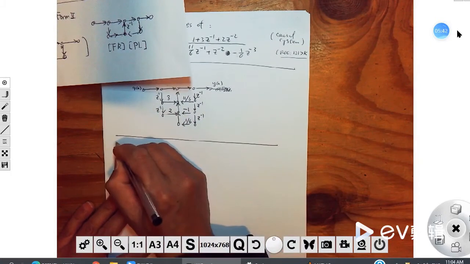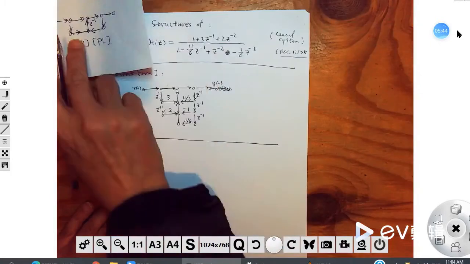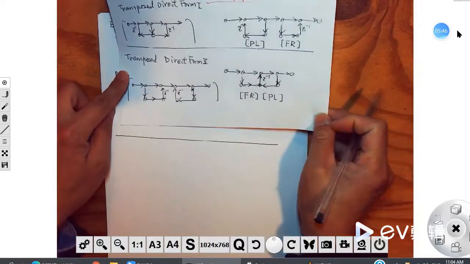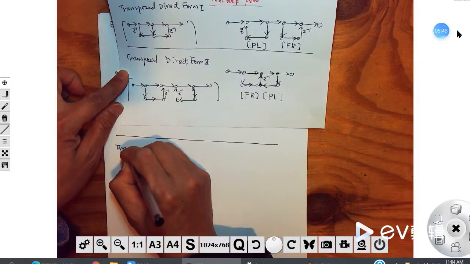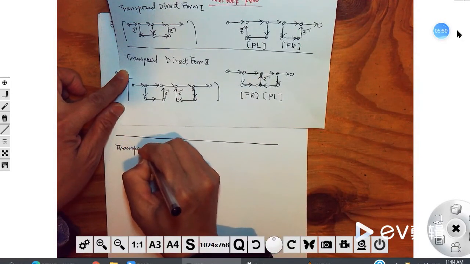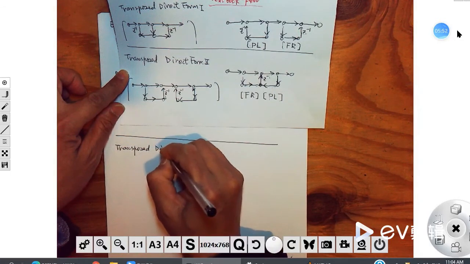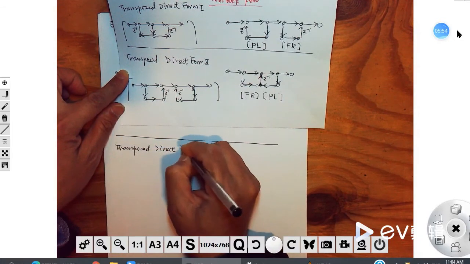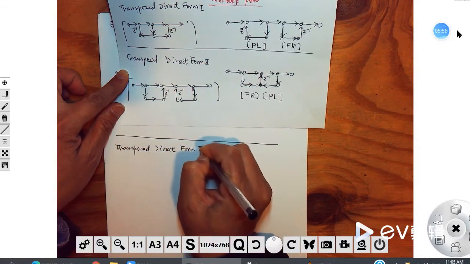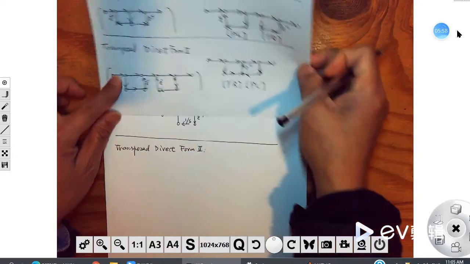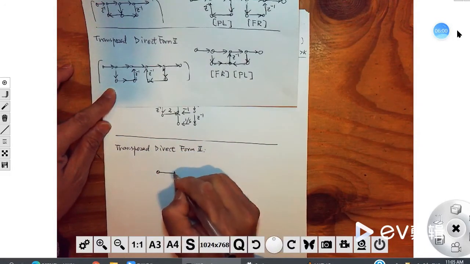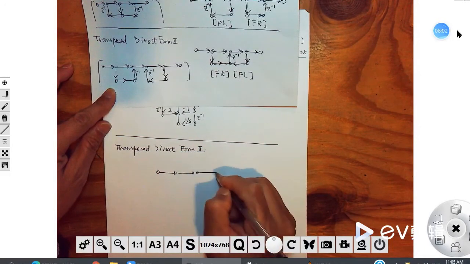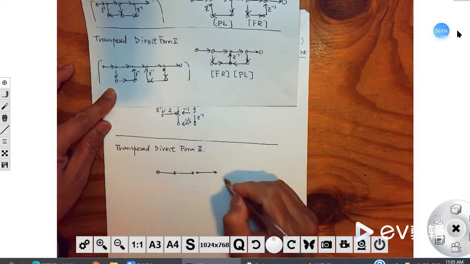Then I have, for example, I gave the transpose direct form 2. Is it this one? So the whole structure, the first pass, I still need this, right?